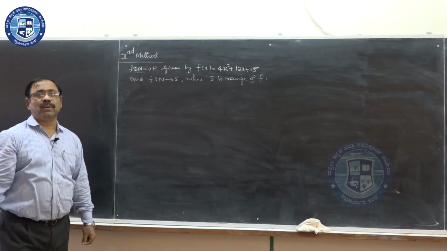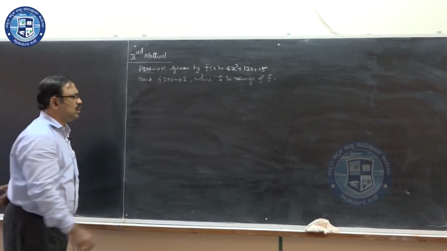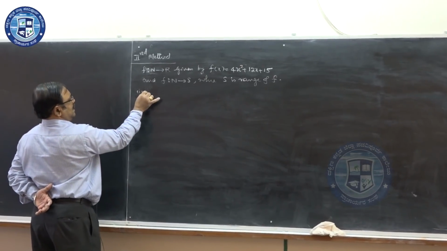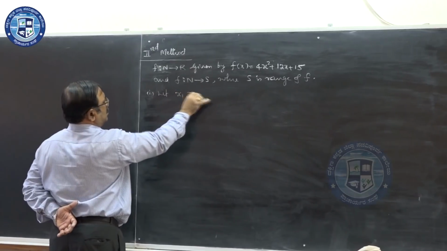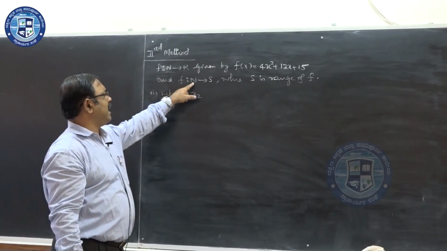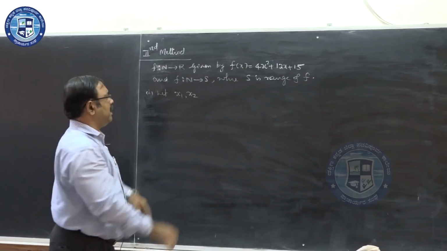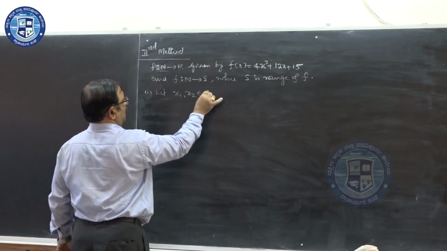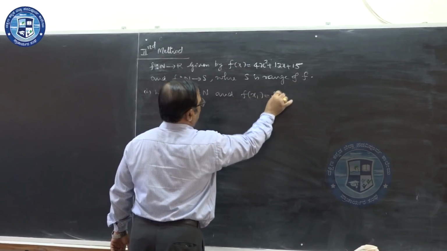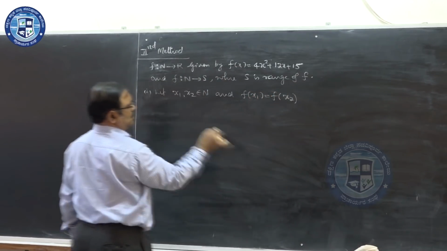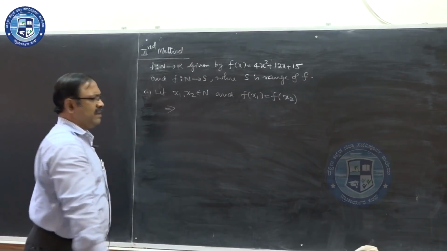So, we go to one to one and onto. First, let us write one to one. One to one means you take x1 and x2 belonging to N, and f of x1 equal to f of x2. What does this imply?